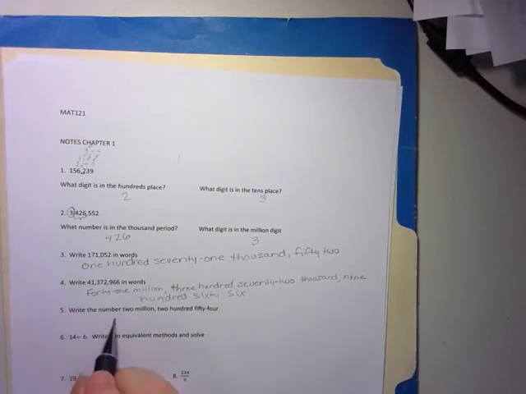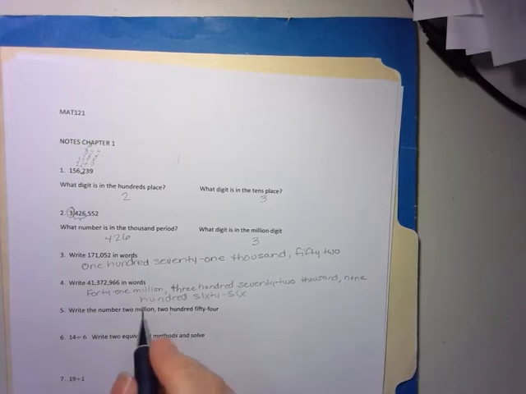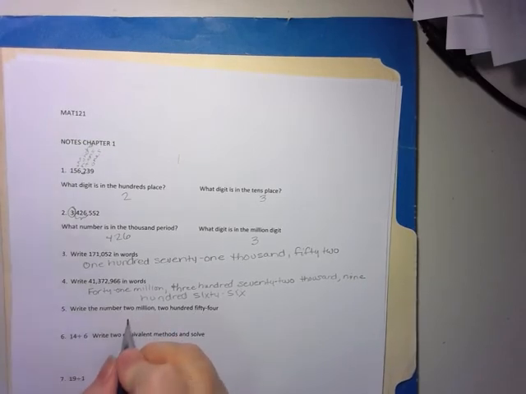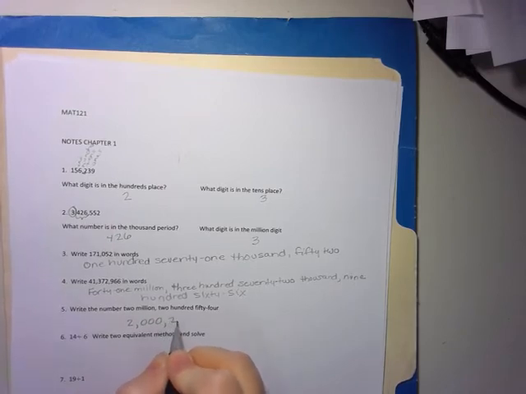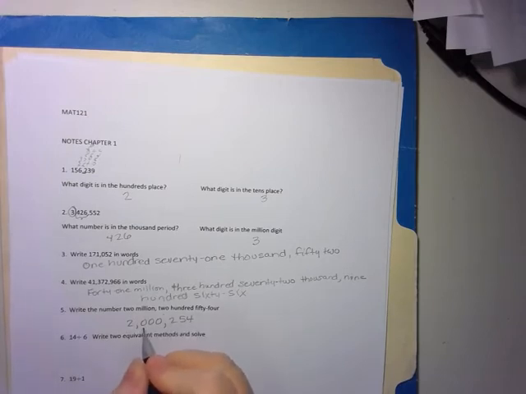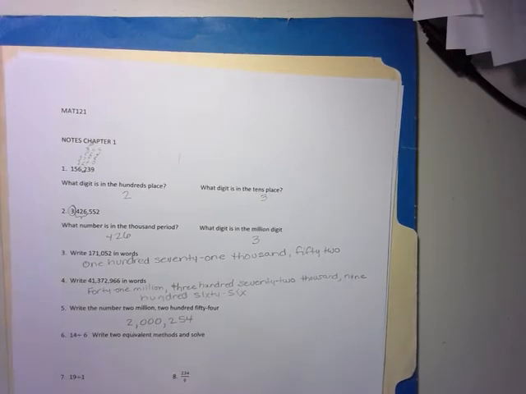Now we're going to write the number 2,254,000. So that would be 2,254,000. There's no thousand, so we have to put our zeros there to hold the thousand place.